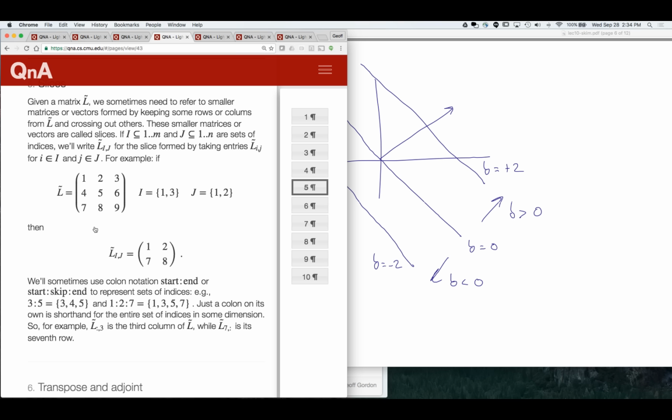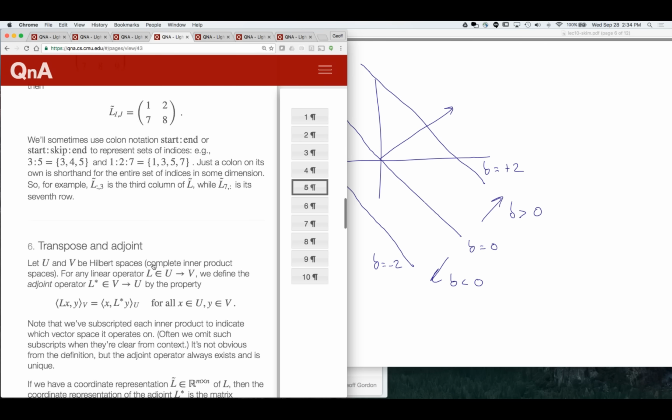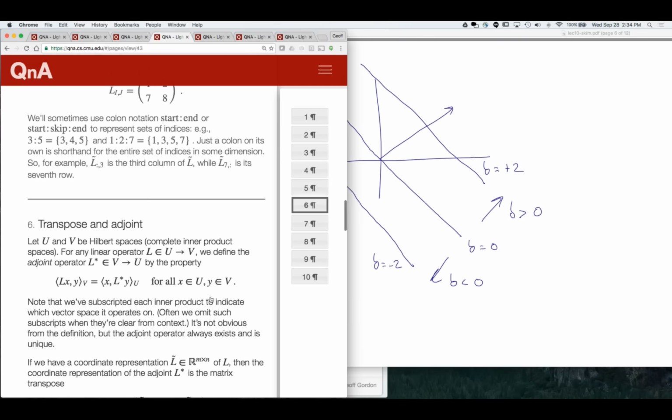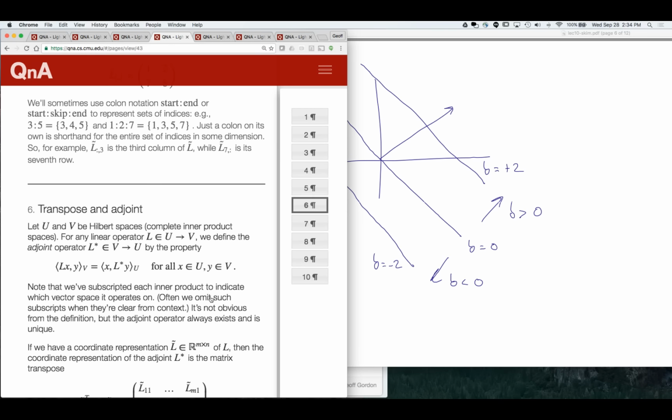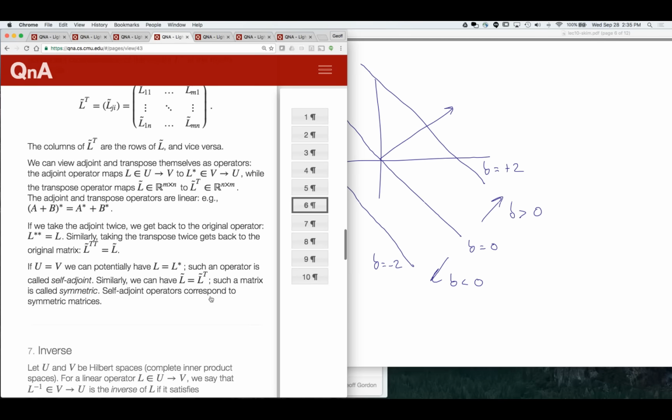Or L of 3 comma colon is the row 7, 8, 9. We defined matrix transpose. We also defined the adjoint of a linear operator. And the way that you work with an adjoint is that it corresponds exactly to matrix transpose. So if you have a matrix that represents your operator, then the transpose of that matrix represents the adjoint of your operator.